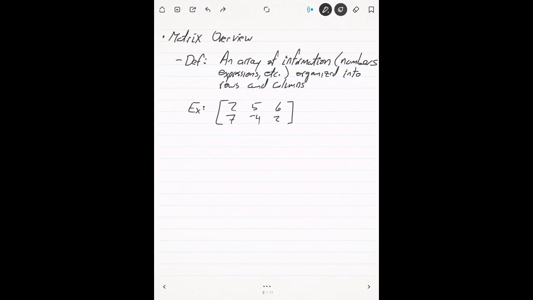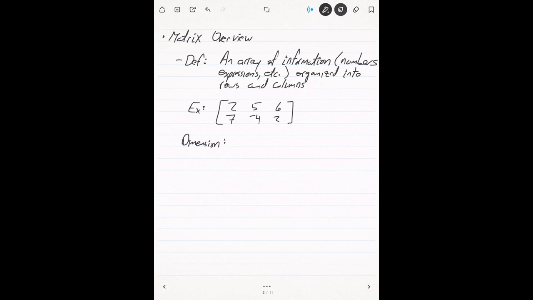Now, one other thing that we should know about matrices is the dimension of the matrix, or sometimes called the order. I'm going to call this the dimension, because matrices can store all different types of information and all different amounts of information. Here we have 2 rows and 3 columns. You could have any number of rows and any number of columns.